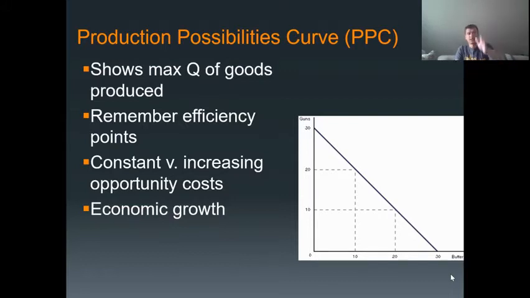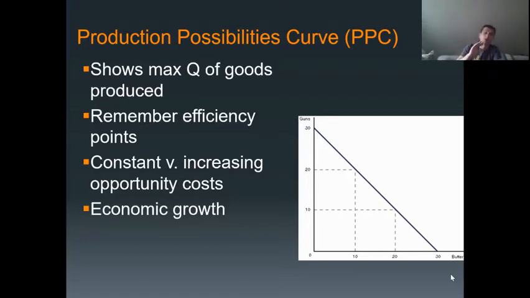So if in this example you see guns on the left on the y-axis, butter on the x, if you are all the way on the y-axis, this economy is producing 30 units of guns and 0 butter. Or if they decide to switch to all butter, the opportunity cost is 30 guns and the benefit is 30 butter.